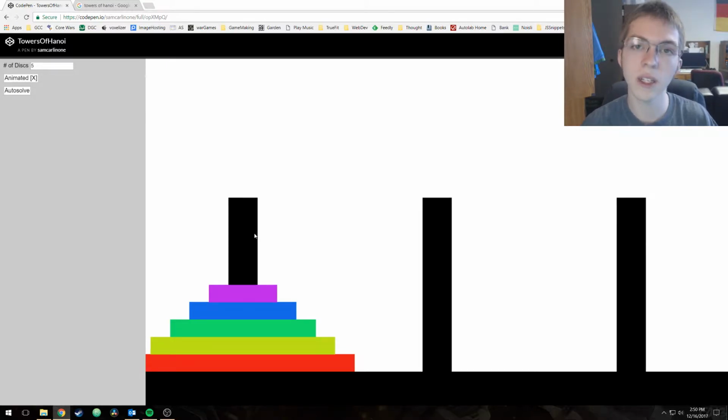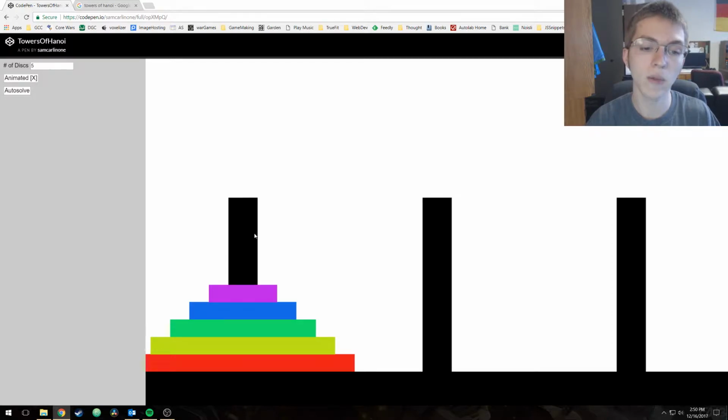So the goal of the puzzle is to move the whole stack to one of the other pegs. Obviously, all three pegs are the same, so it doesn't really matter which one. But the caveat to this is that we cannot pick up the whole stack as a single unit, and we can't pick up more than one disk at a time.